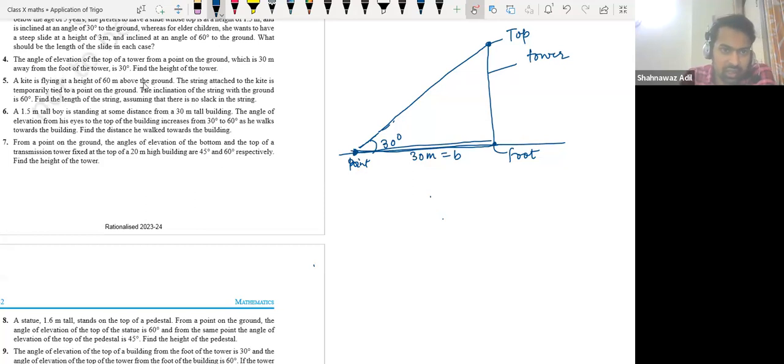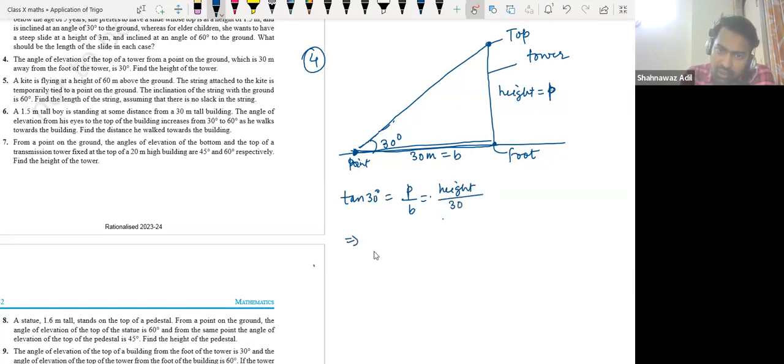Now what are they asking? They are asking the height of the tower, which is perpendicular. So what relates perpendicular and base? Tan. So we will write tan 30 degrees is P by B. P is the height that we want to calculate, and B is 30.